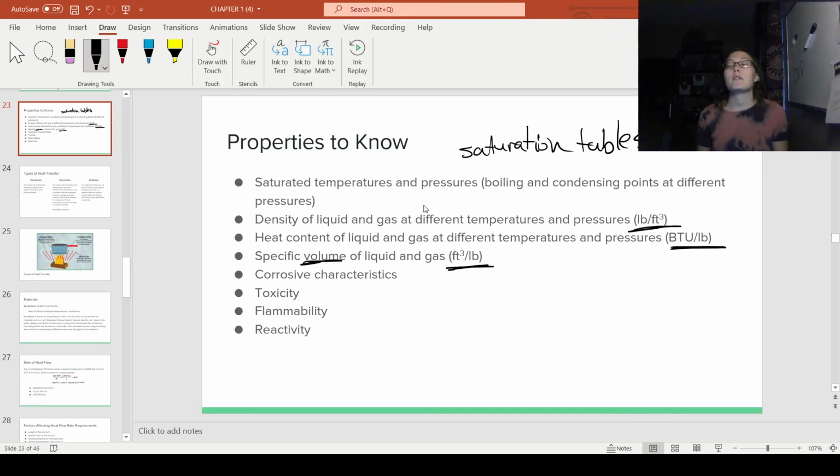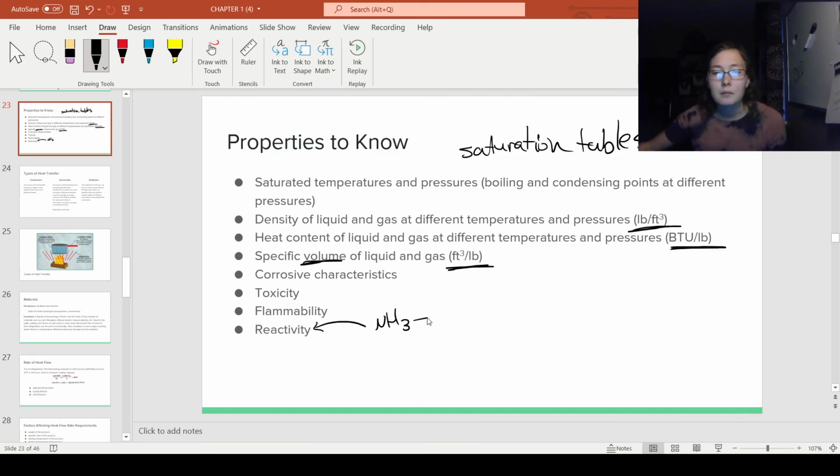And you also need to know safety things, and also things for just designing your system. Corrosive characteristics, toxicity, flammability and reactivity. Reactivity is important from a safety concern if something happens and you get it on your skin, but also very important like in the example that ammonia is highly reactive with copper.